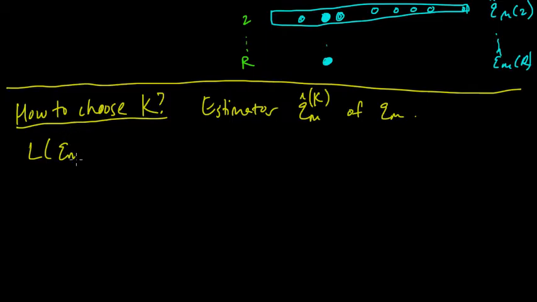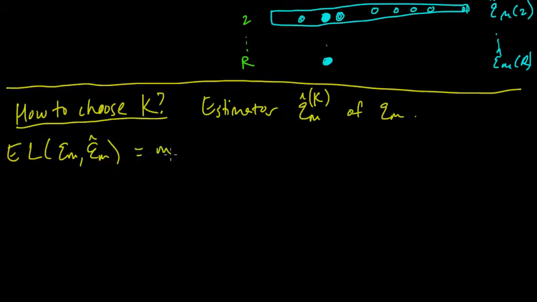These are real valued things, so let's choose the square loss. That's a natural loss function in this type of problem. And so we want to choose an estimator that has small expected square loss.